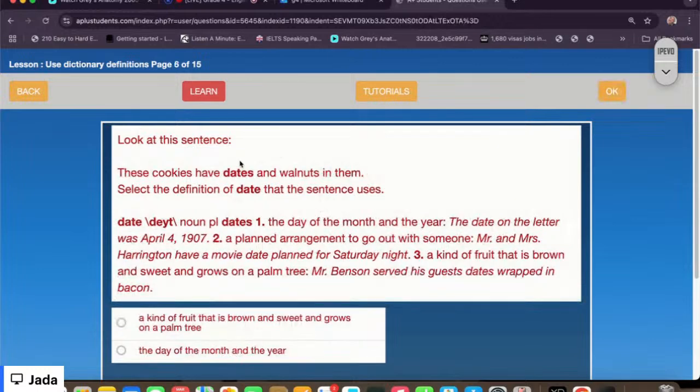Okay, so we have: The cookies have dates and walnuts in them. So a kind of fruit that is brown and sweet and grows on a palm tree, or the day of the month and the year. Which of them is the most suitable one?